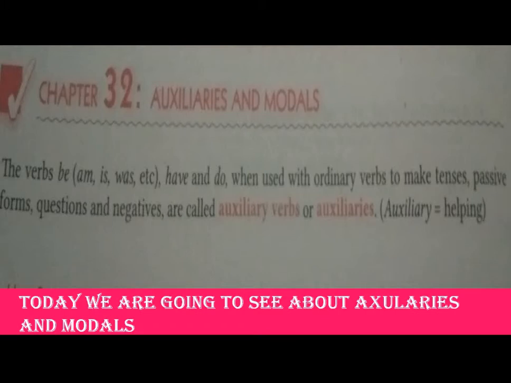So, the verbs like am, is, was, and have and do, when they are used with normal action words, which are the verbs, to make tenses, passive forms, questions, and so on, are called auxiliary verbs or helping verbs. So let's continue.